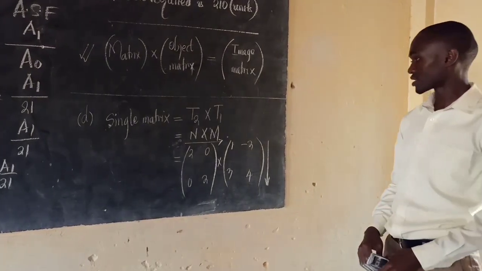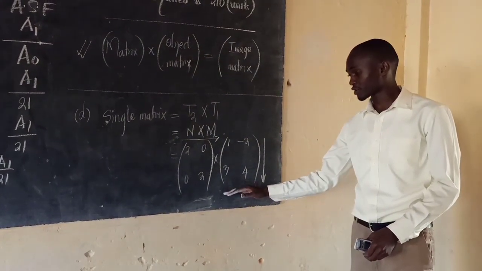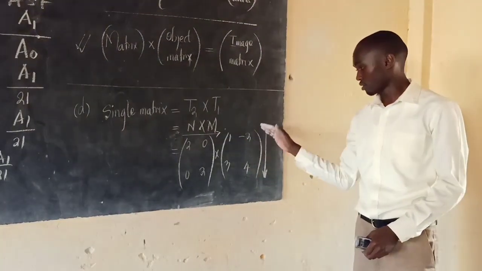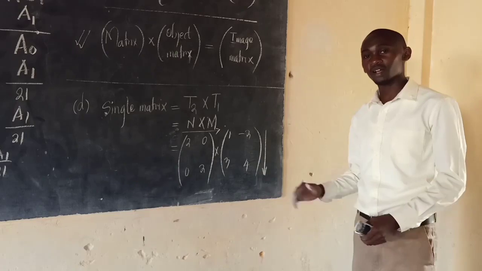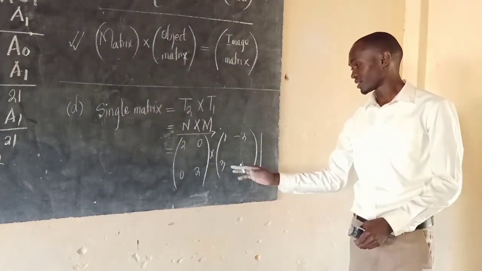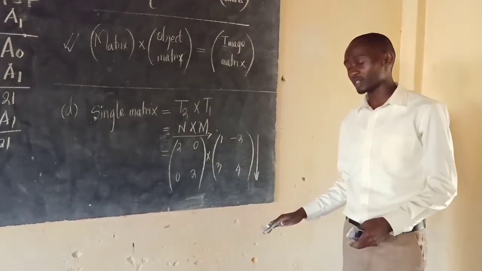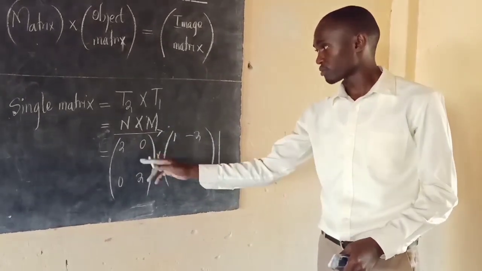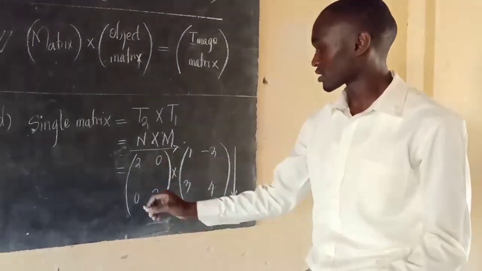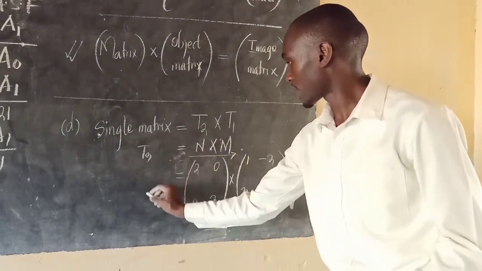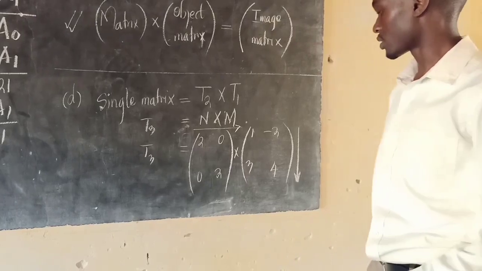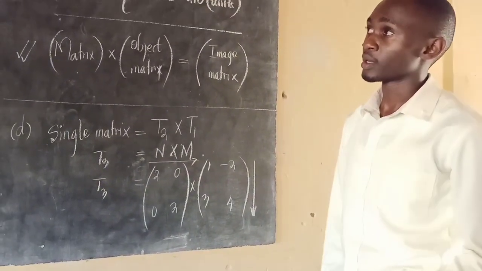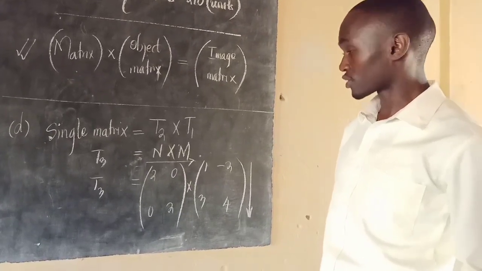I'm very certain that if you've been attending the previous parts, which you can still visit on the YouTube channel, following the pattern row by column, we are reaching the climax of the topic, so there are some instances that I leave to you, dear viewers, to give me feedback. Follow the pattern row by column to obtain this single matrix. This single matrix of transformation, we can call it T3. Finally, obtain for me that matrix. It will be the single matrix.